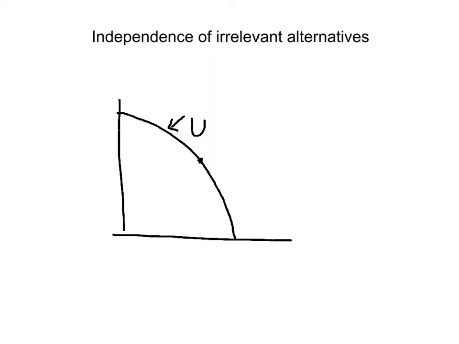And here is the bargaining solution over this utility set U. Consider U prime, which is included in U. So U prime might look something like this.